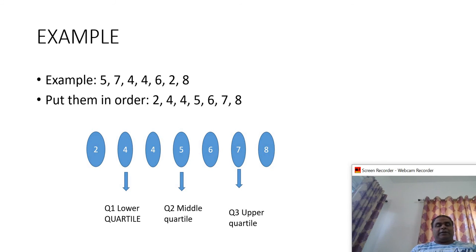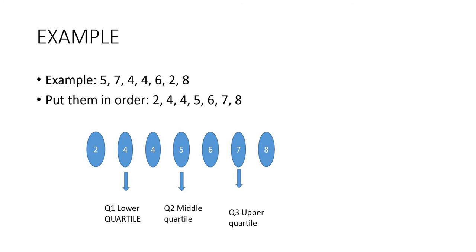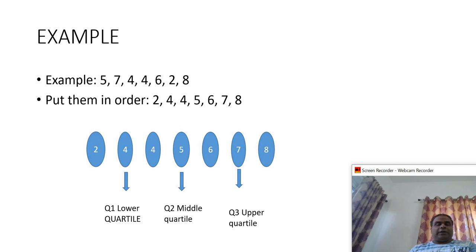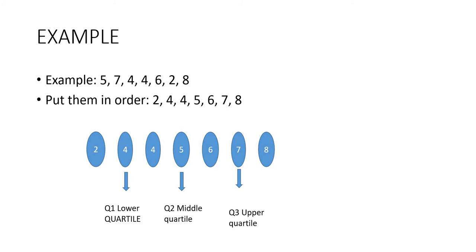Then you can understand here, Q1 is known as the lower quartile, Q2, as discussed, is known as the middle quartile, and Q3 is known as the upper quartile.